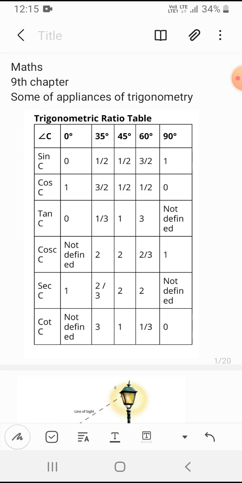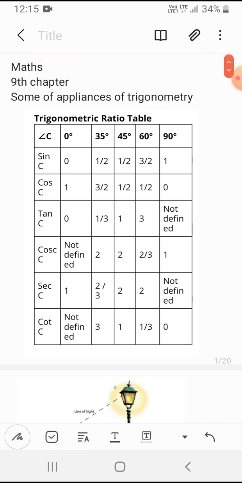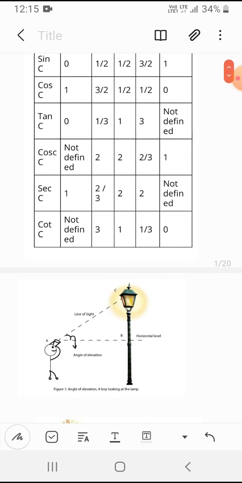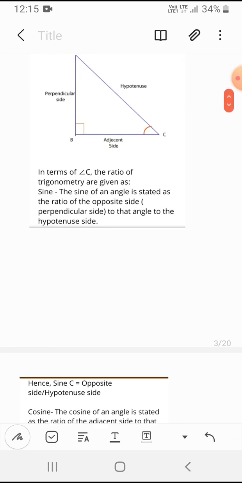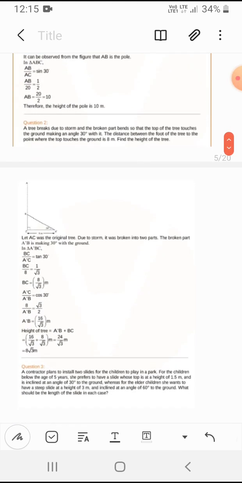Here I explained all the topics: what trigonometric ratios are, angle of depression and angle of elevation, and also I explained that sin theta is equal to opposite side by hypotenuse. All that I have explained, and I have solved the sums on that.